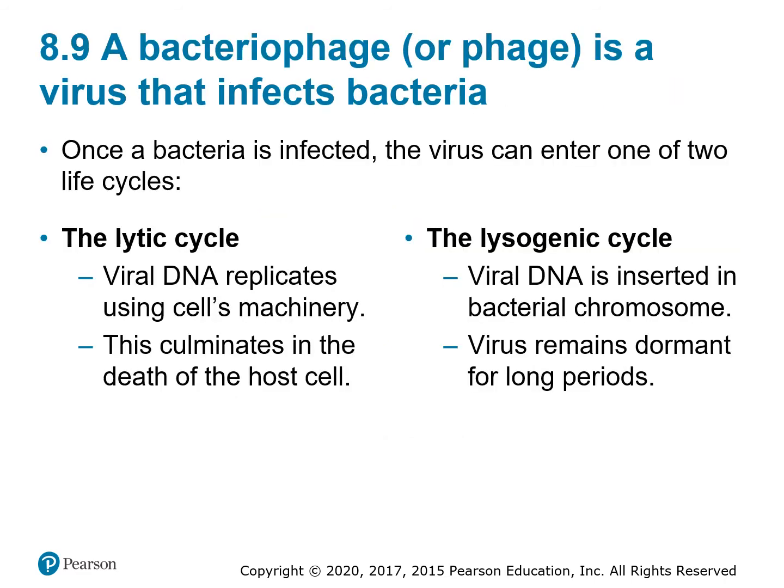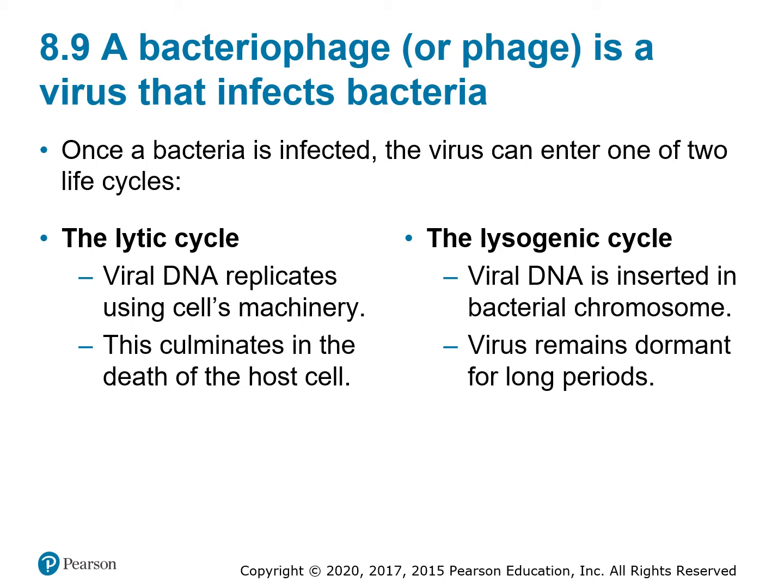So we're going to be discussing a few different types of viruses. The first one is called a bacteriophage, sometimes shortened to phage. That is a virus that infects bacteria. Once a bacterium is infected, the virus can enter one of two cycles.